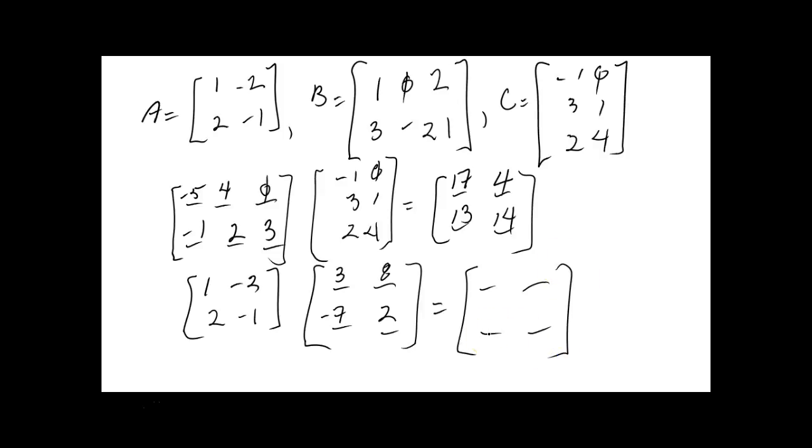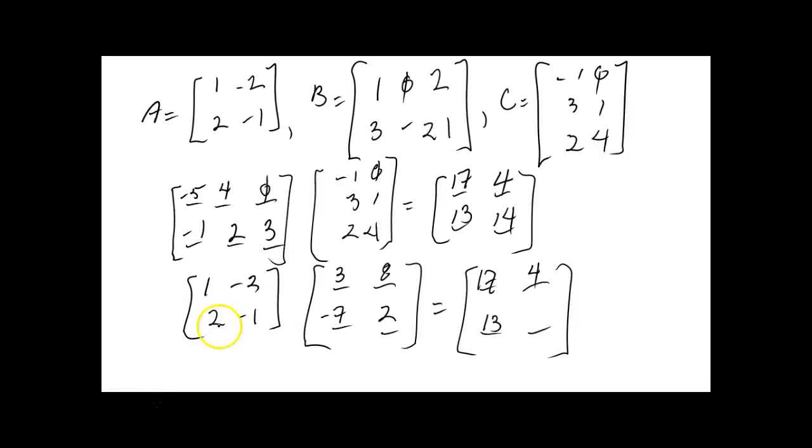Okay, so the 1, 1 entry here will be first row by first column, 3 plus 14 is 17. Okay, the 1, 2 entry, first row by second column, 8 minus 4 is 4. So far, so good. The 2, 1 entry, second row by first column, will be 6 plus 7 is 13. So 3 out of 4 is fine.